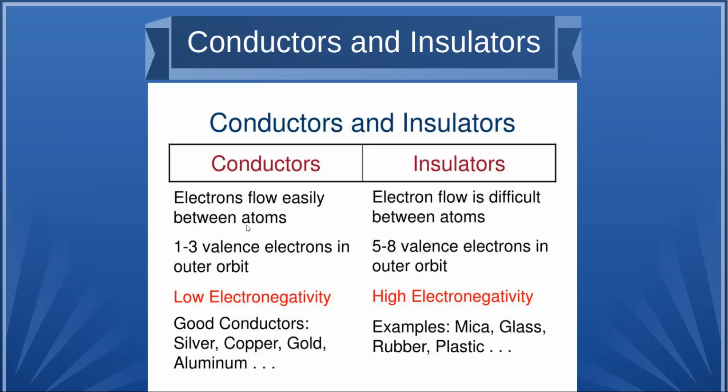And the farther away they are from the nucleus, the easier they are to move, which is why silver, which has more protons and electrons, is the best conductor of all of them, because the valence electrons are easier to knock out or add to.